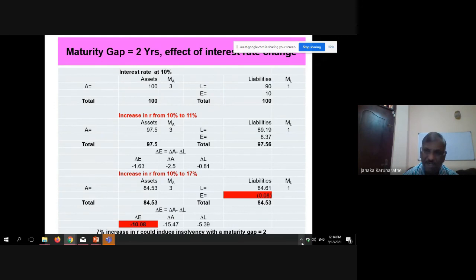Can you all see the numbers? I think most of you are very experienced bankers.